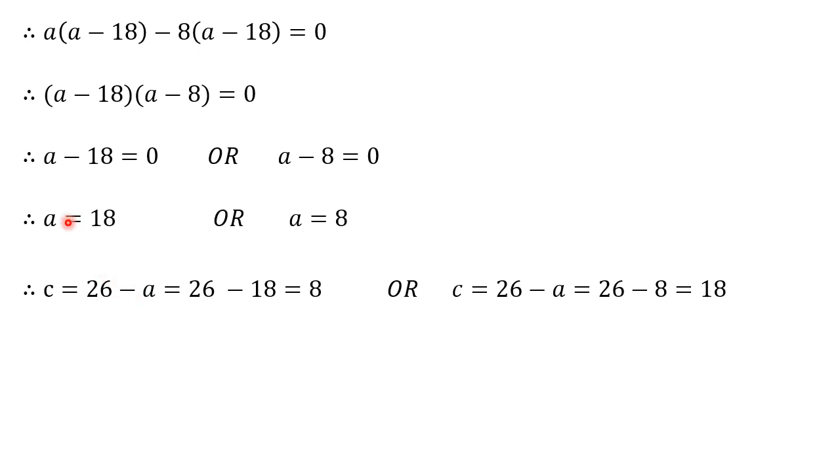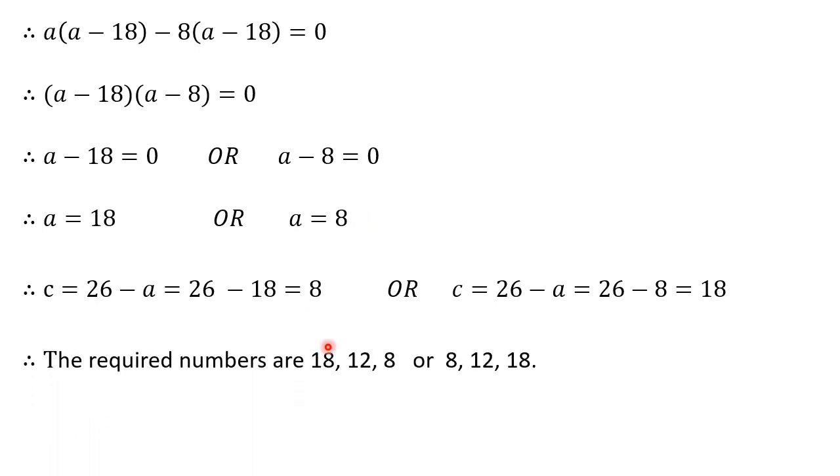So if we consider the value of a as 18, then 26 minus 18 is 8. Value of c will be 8. And if we consider the value of a as 8, then the value of c is 26 minus 8, that is 18. Okay. So the middle number is already known to us, that is 12. So the numbers are 18, 12 and 8, or 8, 12 and 18.